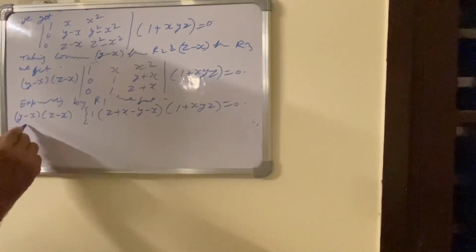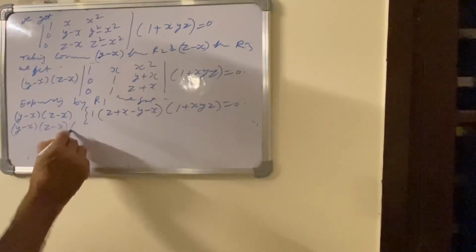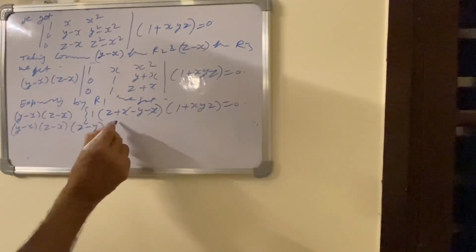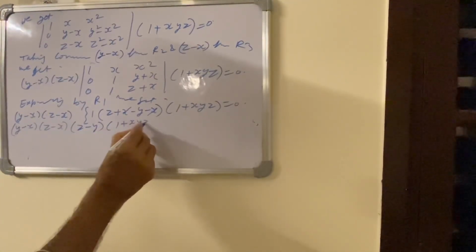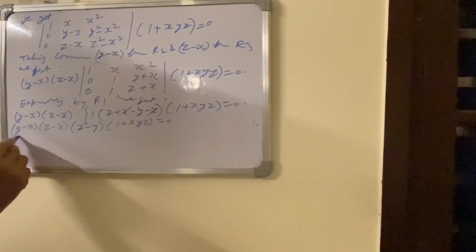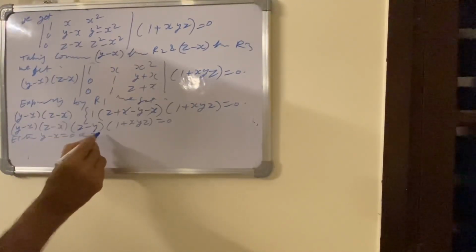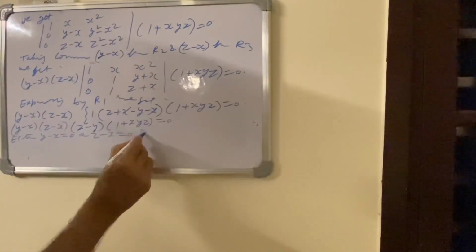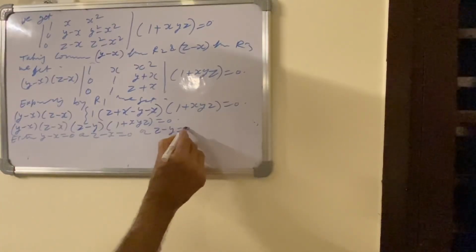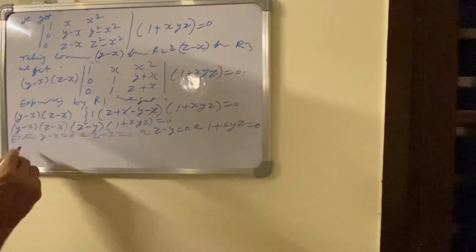So we have y minus x, z minus x into z minus y into 1 plus x, y, z is equal to 0. Therefore, either y minus x is 0 or z minus x is 0 or z minus y is equal to 0 or 1 plus x, y, z is equal to 0.